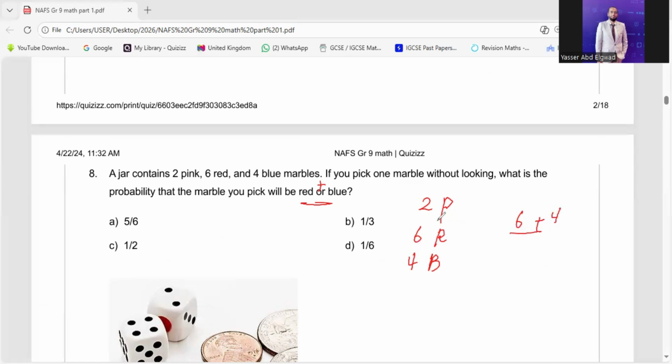The total, if you add all of them, 2 plus 6 plus 4. The answer is 10 out of 12. Put it in simplest form, divided by 2, divided by 2. You get 5 out of 6.